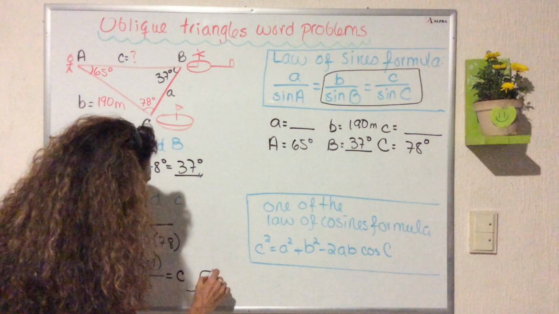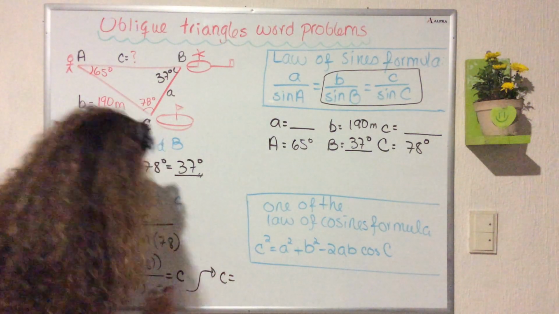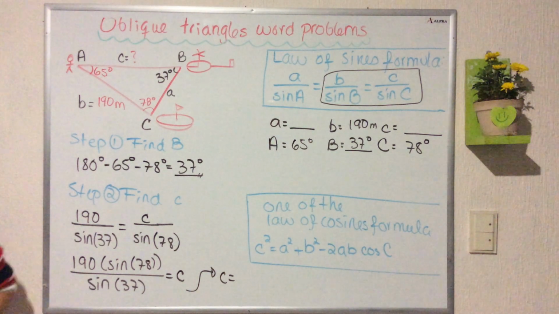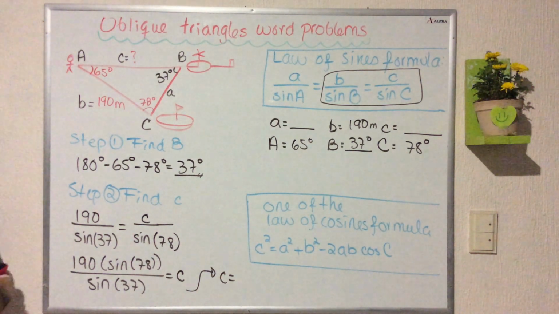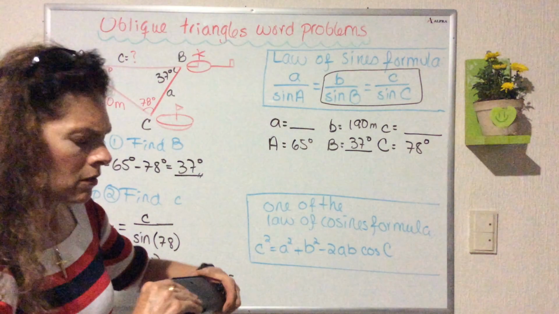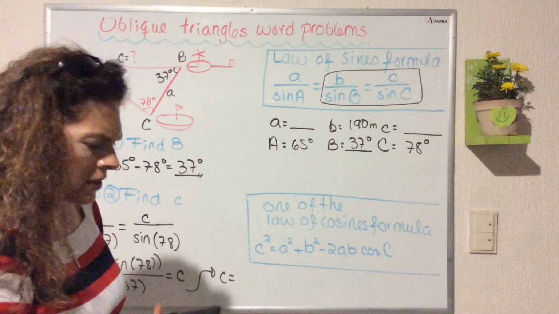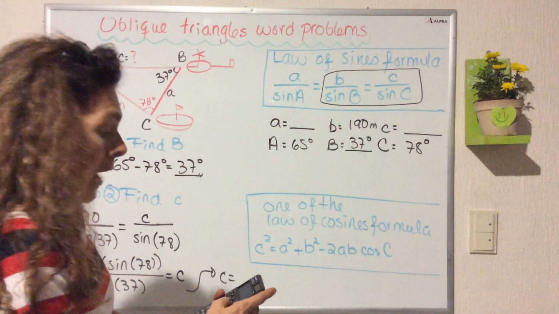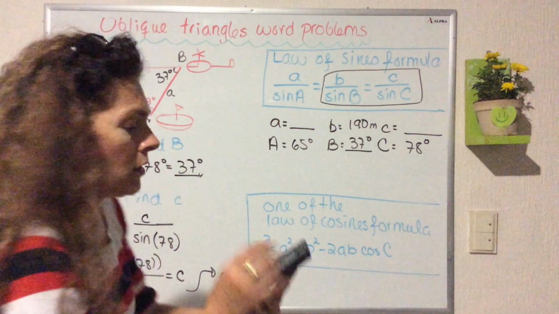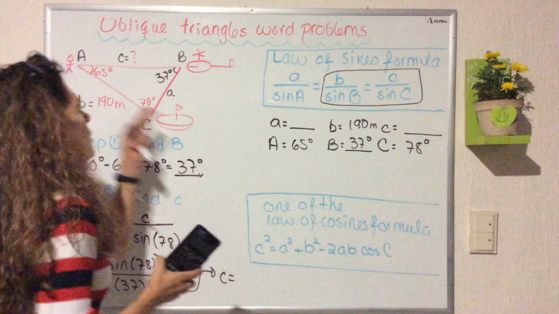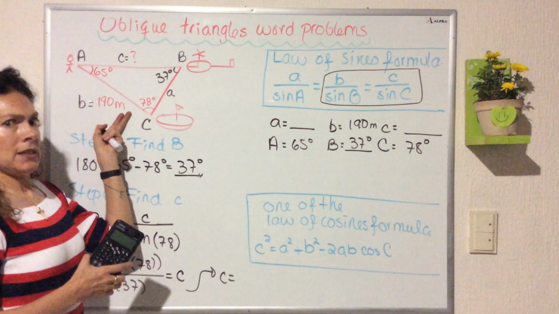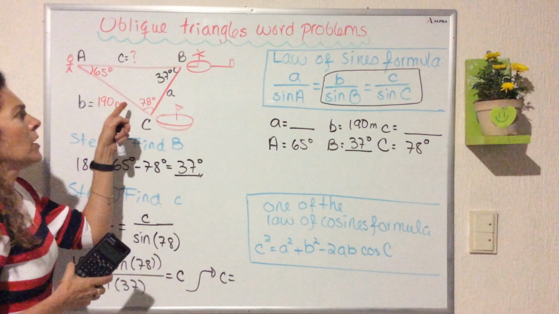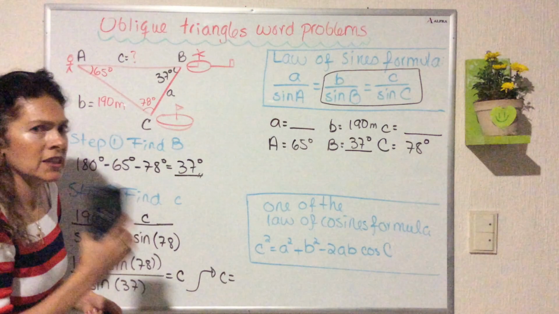Okay? And then we have C equals, you use your scientific calculator. Don't use the cell phone, okay? Remember, I want you to use the scientific calculator as always. Okay? And what are you going to check, first of all? That you're working, what? In radians or degrees? Remember, if they are giving us degrees, we are going to work in degrees.